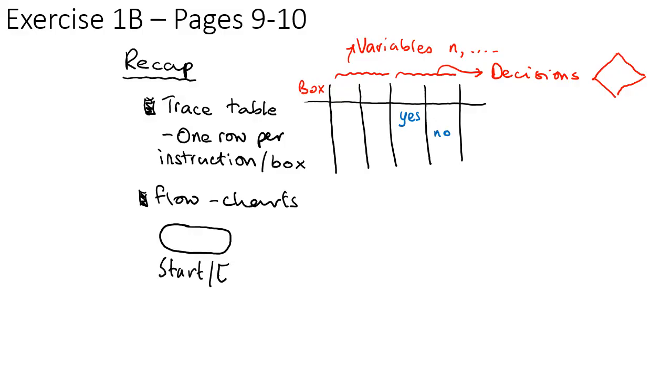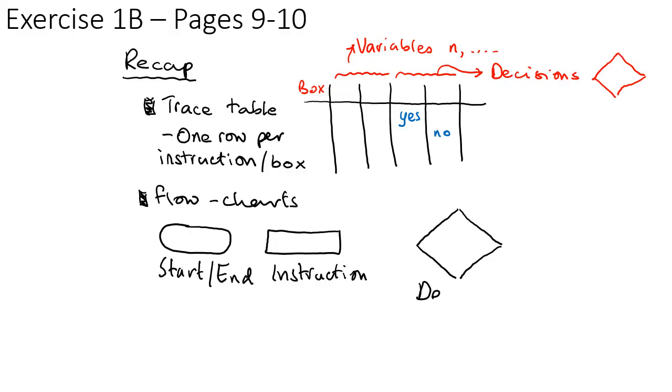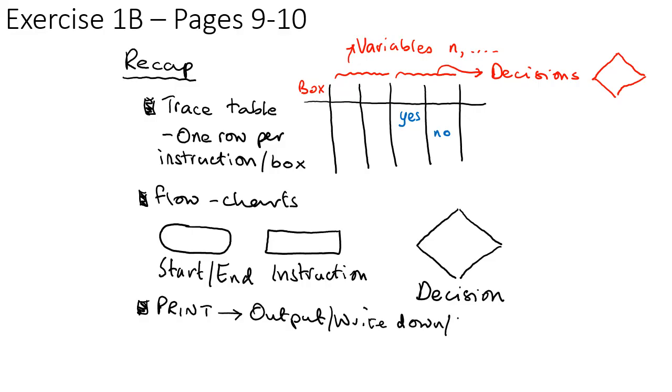So start or end for that rounded box, for a rectangle here, that's an instruction, and the diamond here is going to be a decision box. And when you have the word print as an instruction, that's basically your output. That's basically what you're going to write down. And it's normally some sort of list of numbers or letters, something like that.